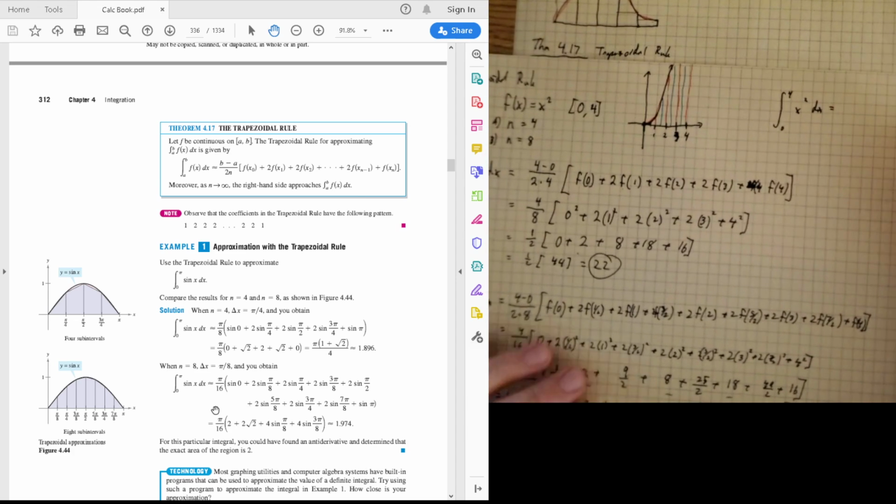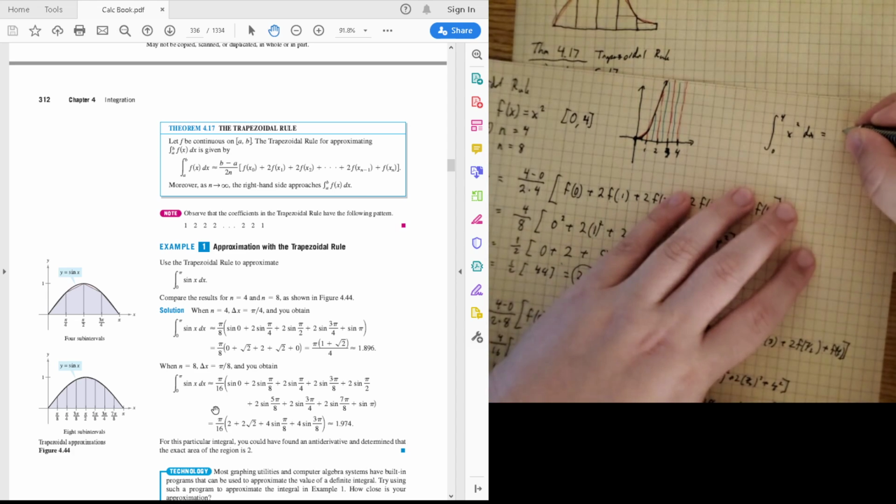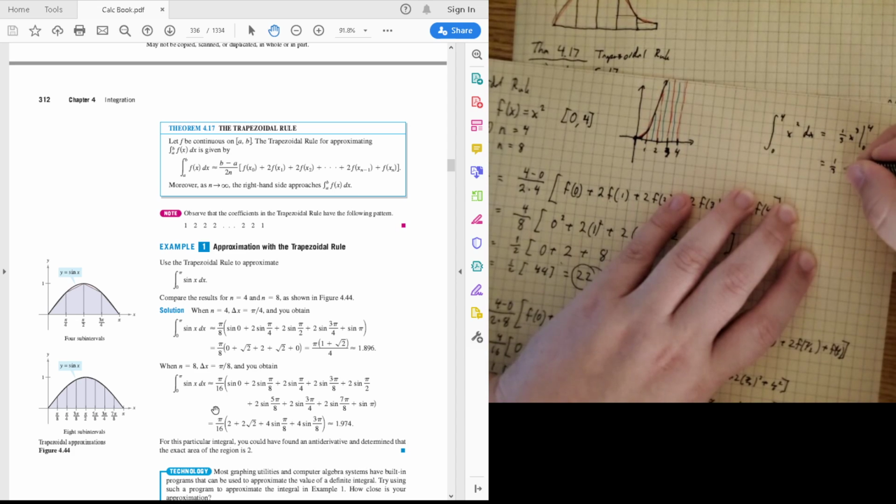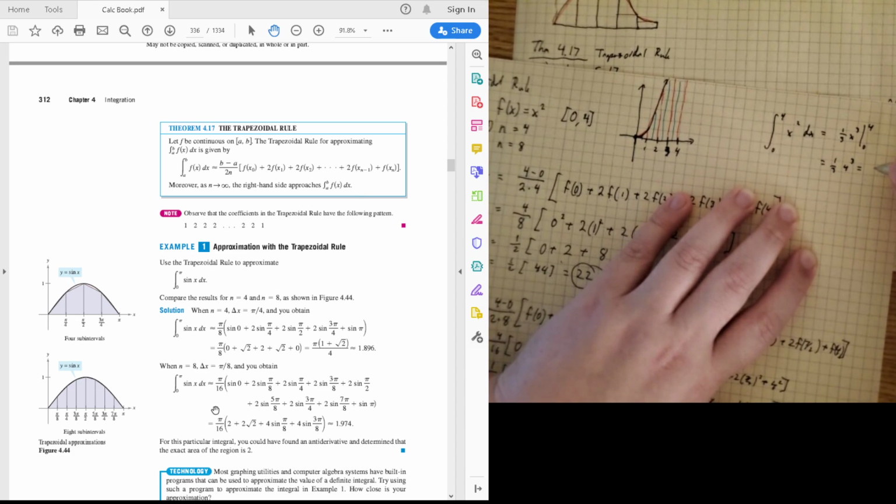If I integrate this, I use my standard power rules, this would become 1/3 x cubed from 0 to 4. 0 is not going to do anything, so we do 1/3 of 4 cubed. 4 cubed is 64 divided by 3, so 64 over 3, which is 21.3.